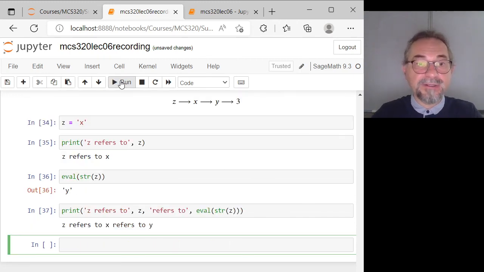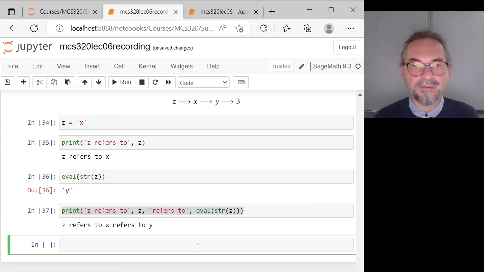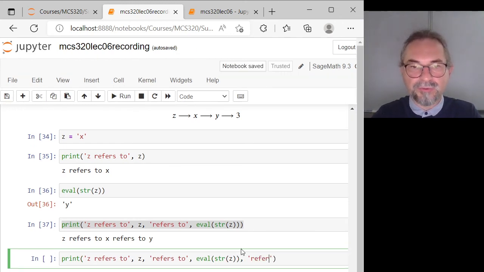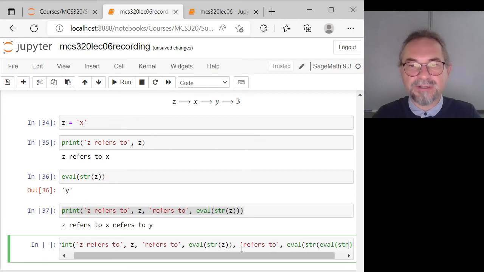And I can continue this. So let me copy and paste. So I can continue this game. Because I want to see 3, I can do eval string representation of z.